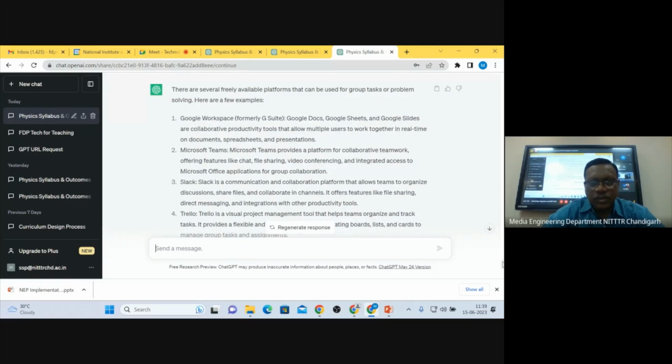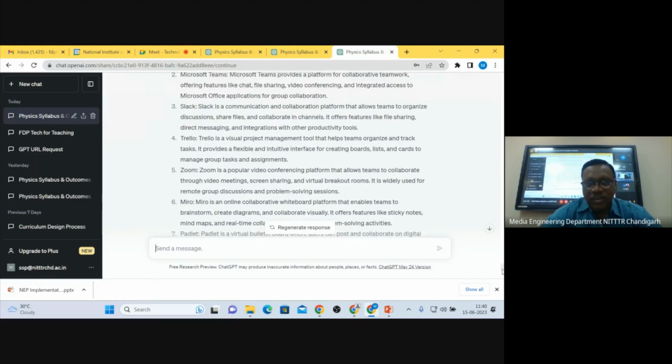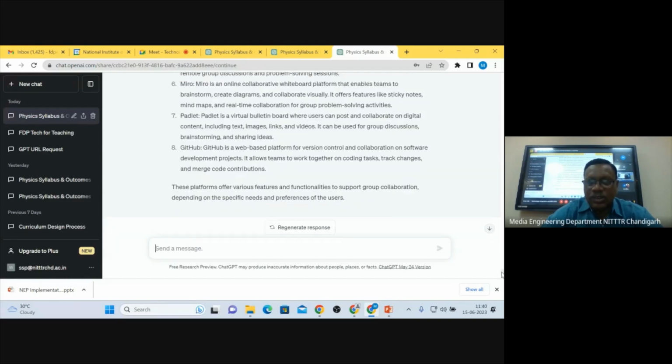You see, there are several freely available platforms that can be used for group tasks or problem solving. Here are a few examples: Google Workspace, Microsoft Teams, Slack, Trello, Zoom, Miro. Now, which of these can be freely available?